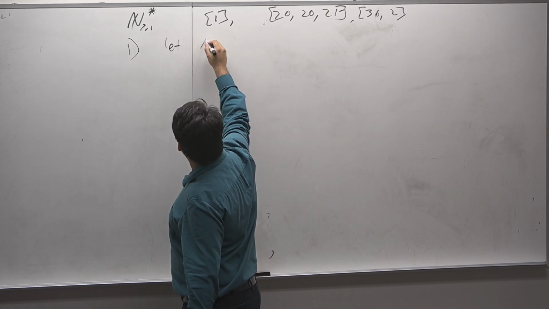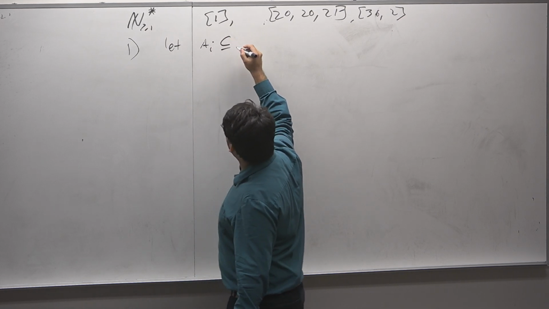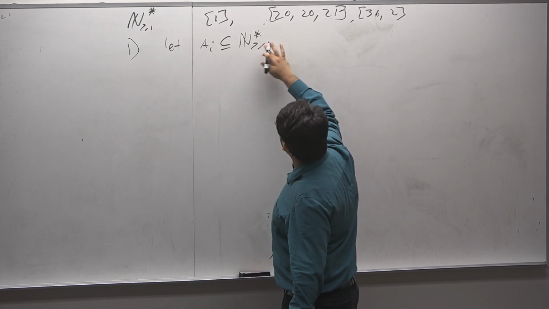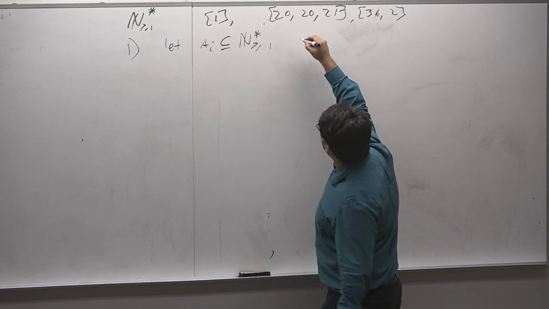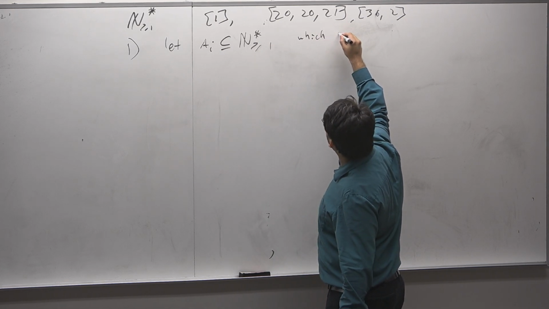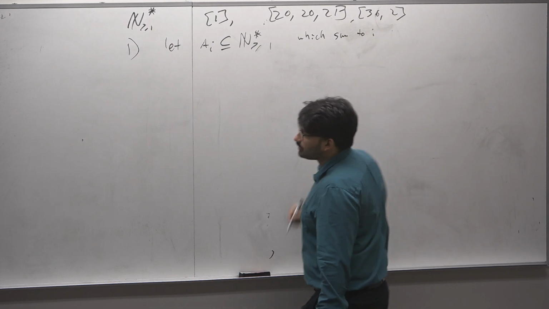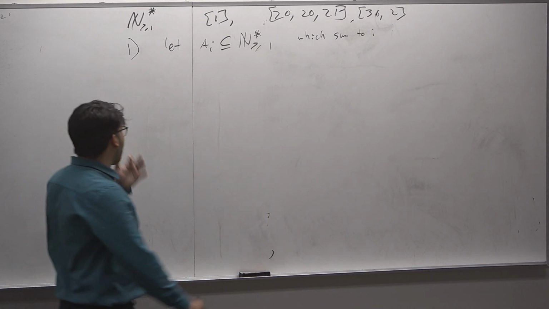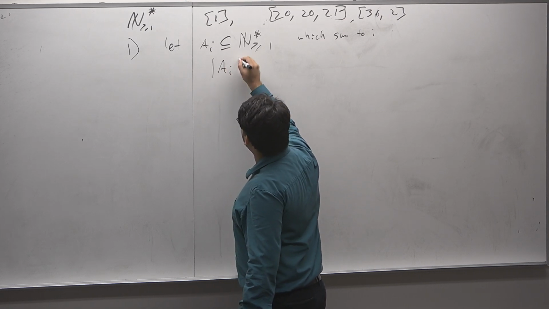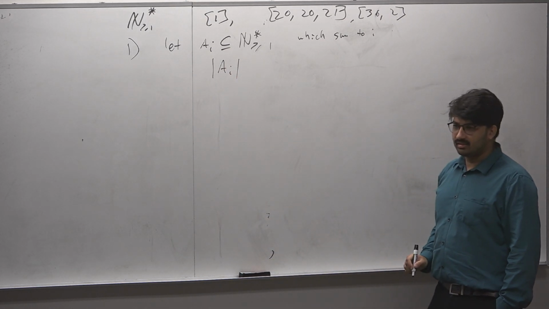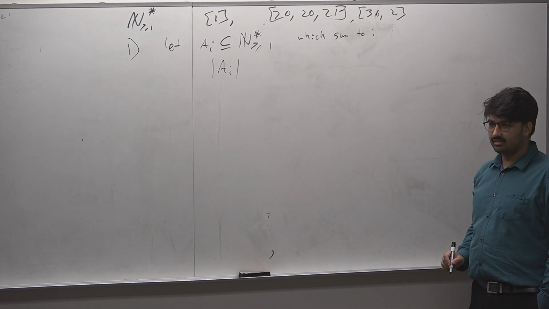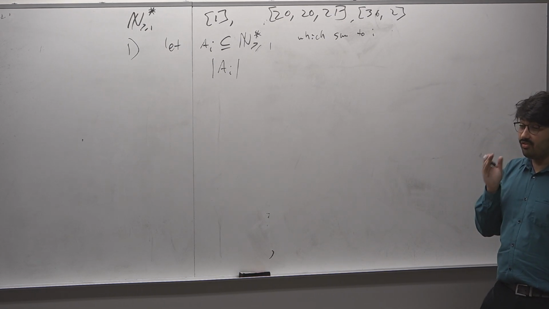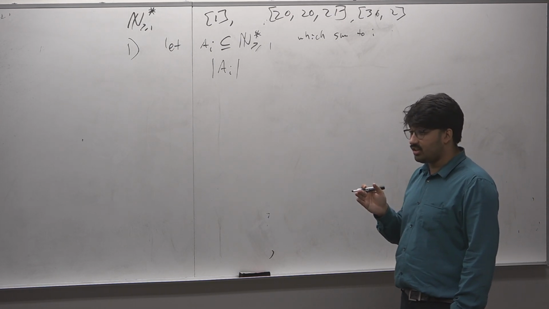let A of I be the subset of this which only considers sequences which sum to I, right? So, what is the cardinality of A of I for any I? I'm looking for a very large upper bound and not a distinct answer.